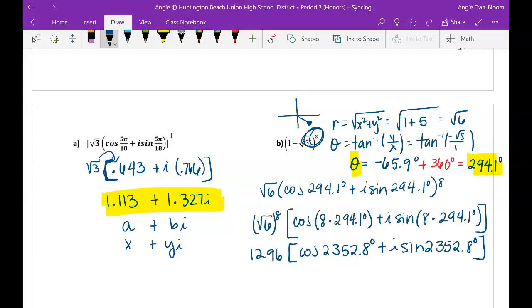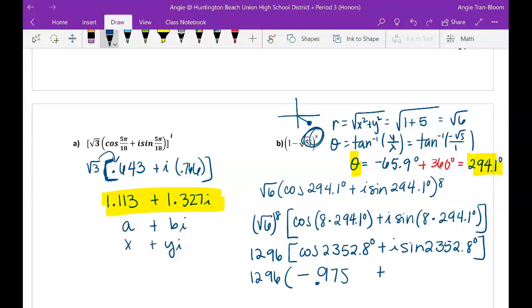So that's your radius. No, we're not going to keep it in polar. Okay, so we're going to convert it back to a plus bi. So what is cosine of that huge number? So this just maintains this 1296. Okay, cosine of this huge number is negative 0.975 plus what is sine of that number?